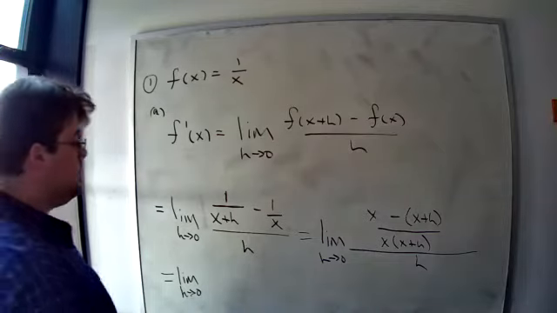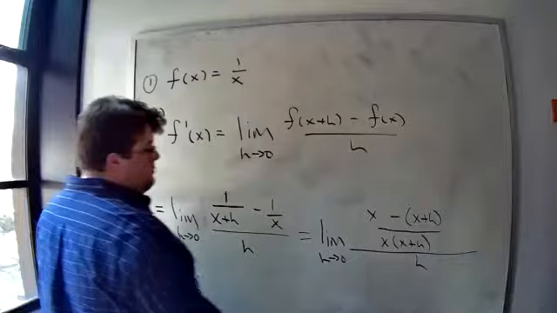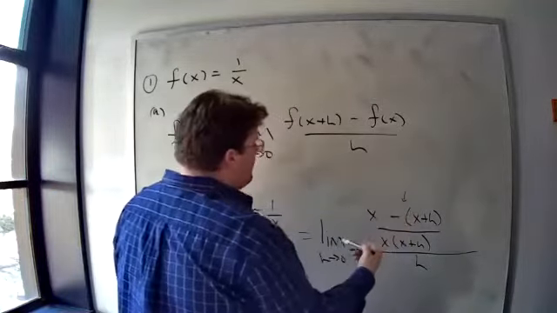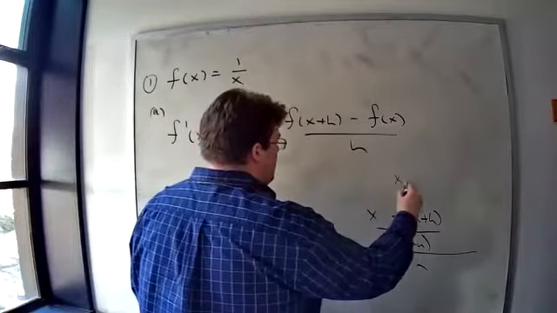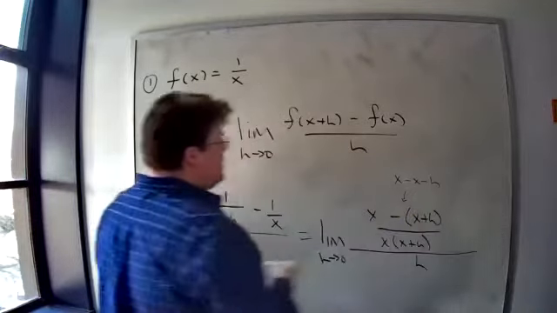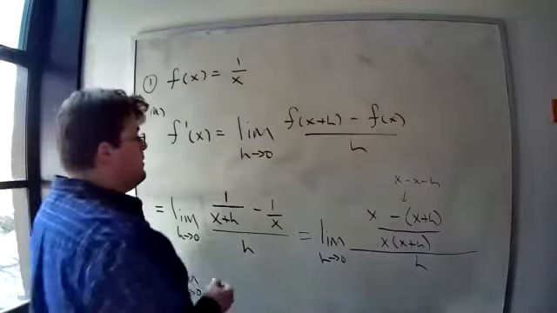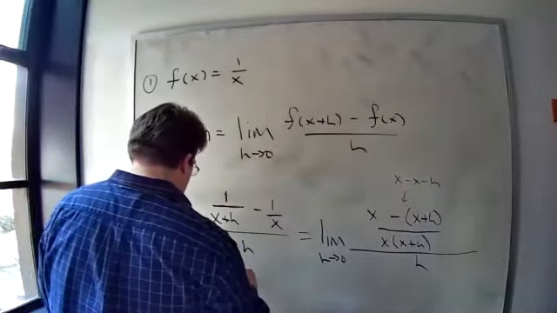Now next, I'm going to do 2 steps of simplification. First, notice that this overall numerator, the numerator of the numerator, distribute the negative 1, you get x minus h. X minus x is 0, so you're left with a negative h up there.